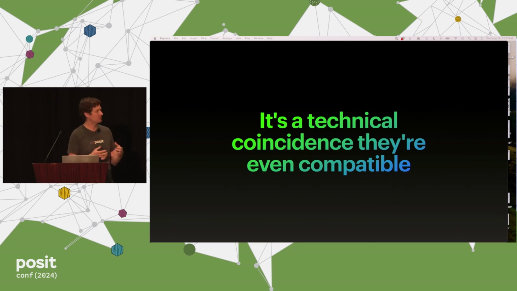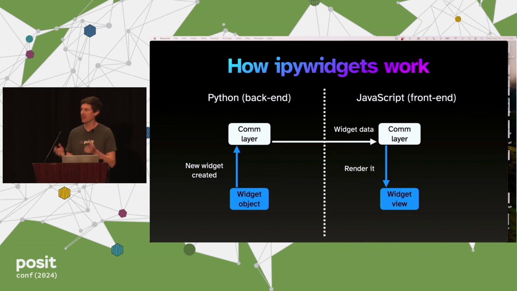All right, so to give you a little bit of a picture of how we're able to hook into the ipywidgets architecture, let's take a simplified view of the architecture that's necessary to power ipywidgets. Here I have this diagram where on the left-hand side, we have the Python end, and on the right-hand side, we have the front end in JavaScript.